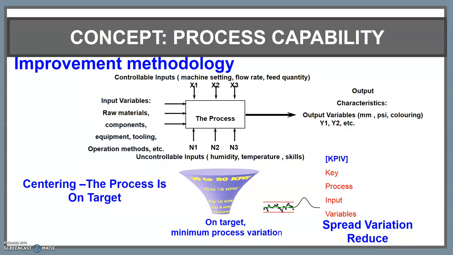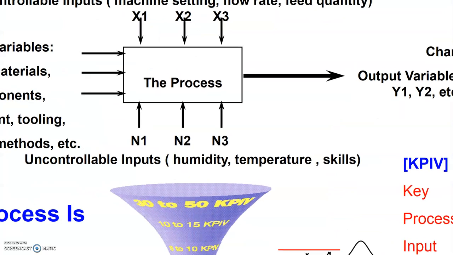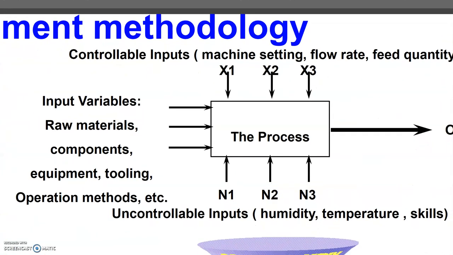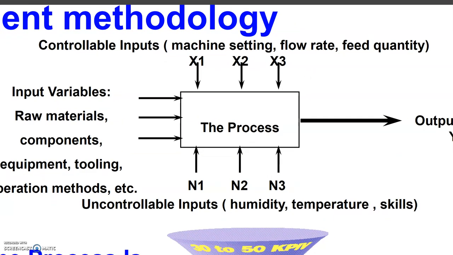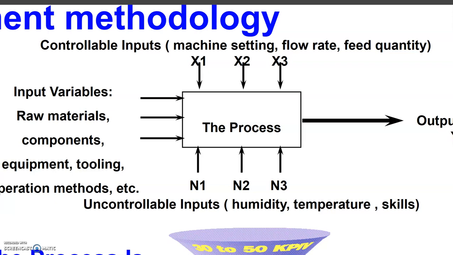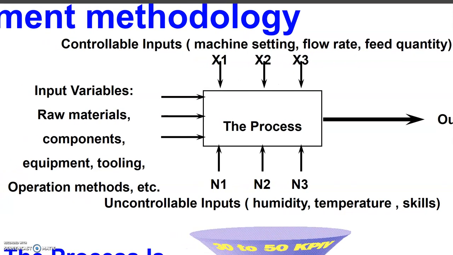There are various variations in your process, such as uncontrollable and controllable issues. Uncontrollable ones are humidity, temperature, and the skill of the labor. Controllable issues mean machine setup, flow rate, and feed quantity. Besides that, there are also variables in the raw material components, equipment, and operator method.